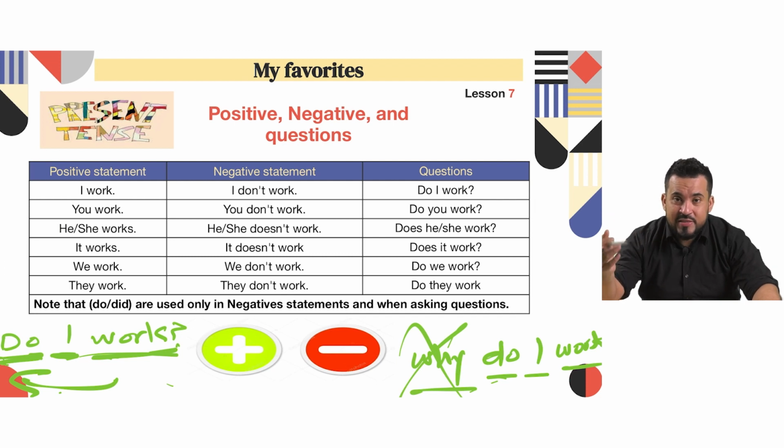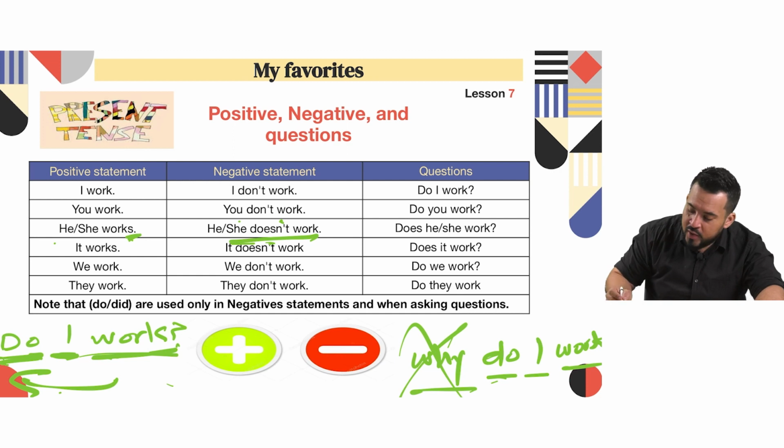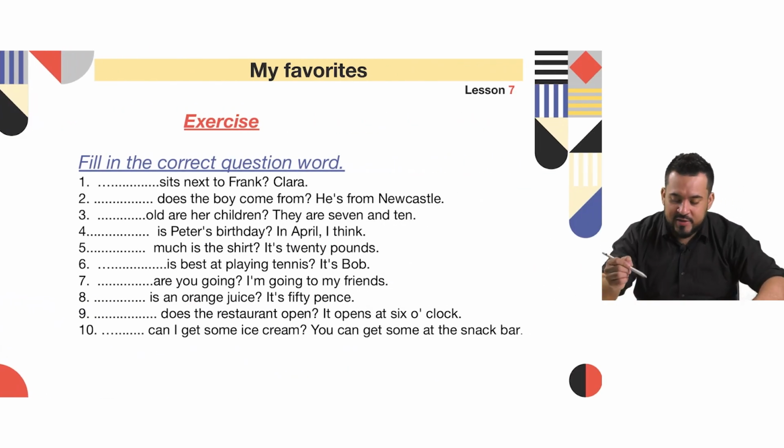Do not for the present, did not for the past. You work, you don't work, do you work? He, she works. Remember the S we added because it's affirmative. She doesn't work. Does she work? It works. It doesn't work. Does it work? We don't work. Do we work? They work. They don't work. Do they work?